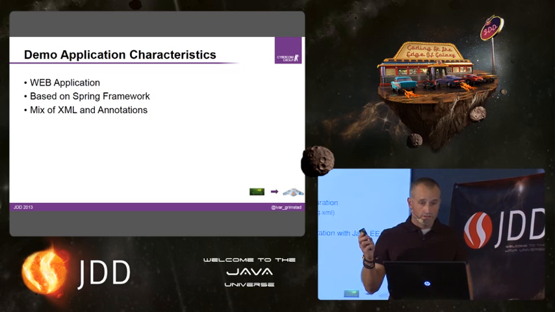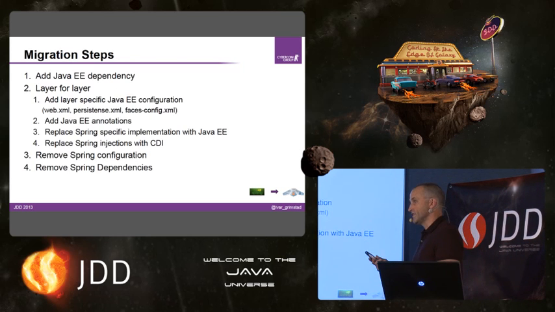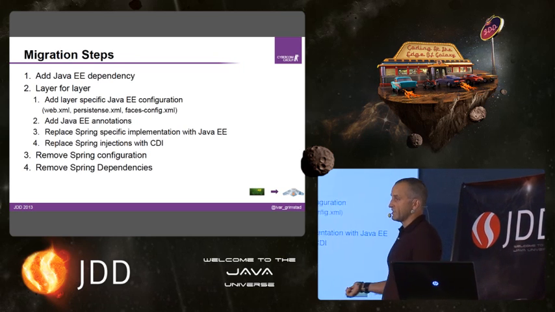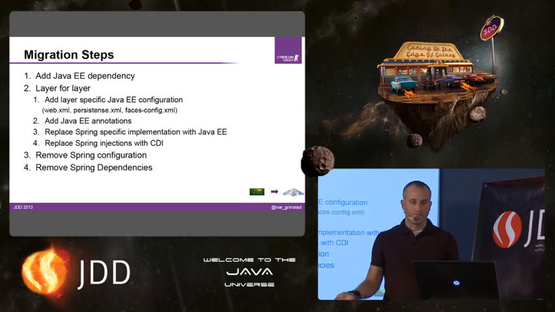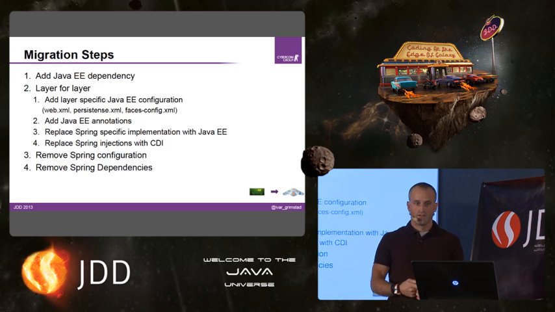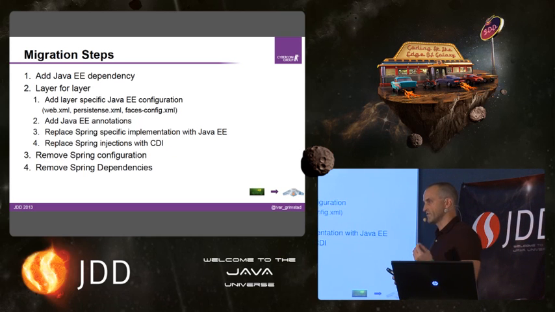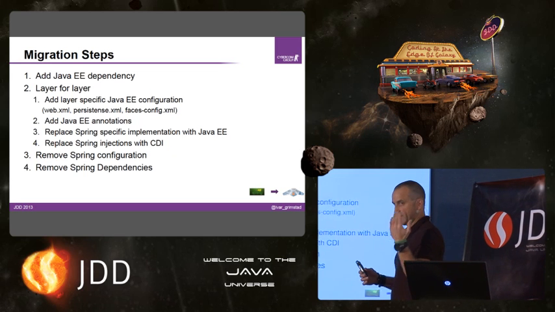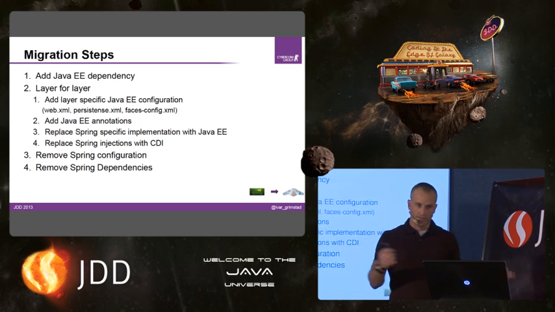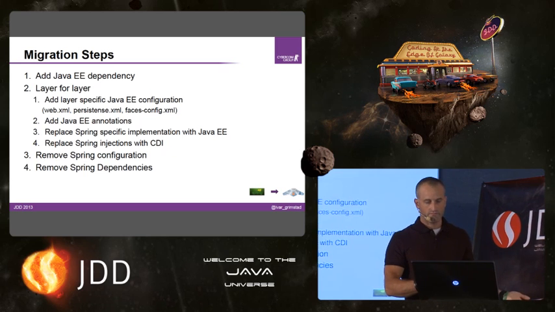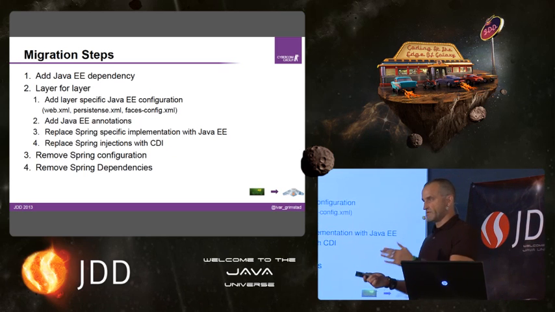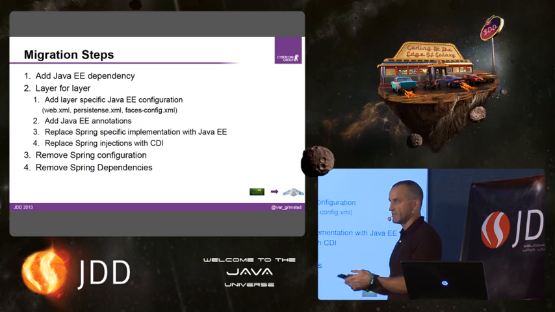So what I'm going to do to migrate this one to Java EE is add Java EE as a dependency just to have it available. And then layer by layer, I'll add the specific Java EE configuration where needed. And I'm going to add the Java EE annotations and remove the Spring annotations. I'm going to replace the Spring-specific implementations with Java EE.